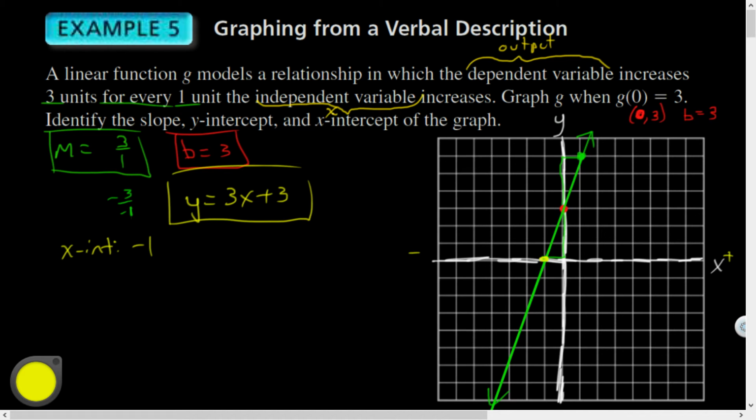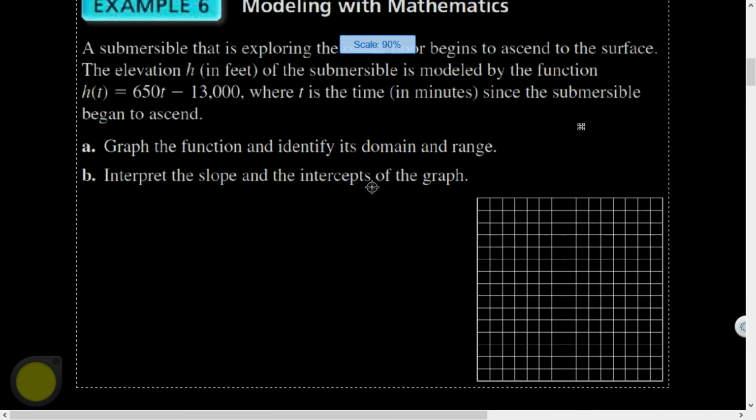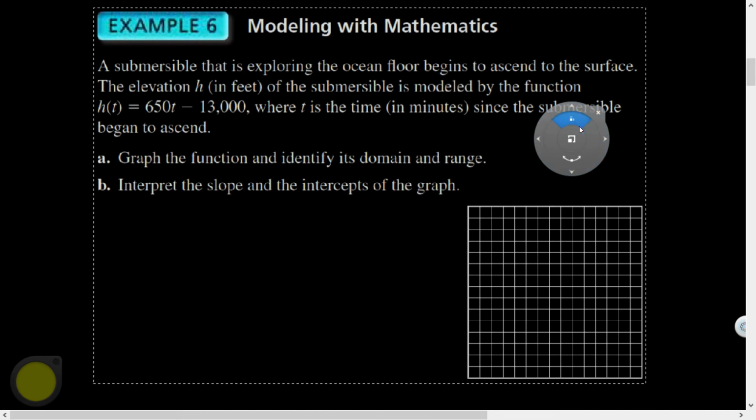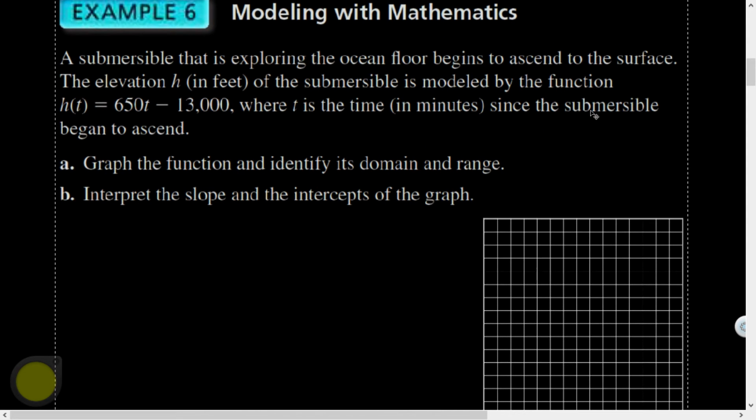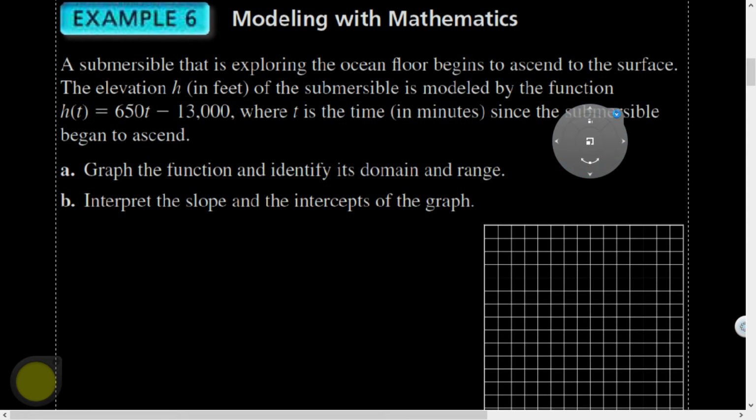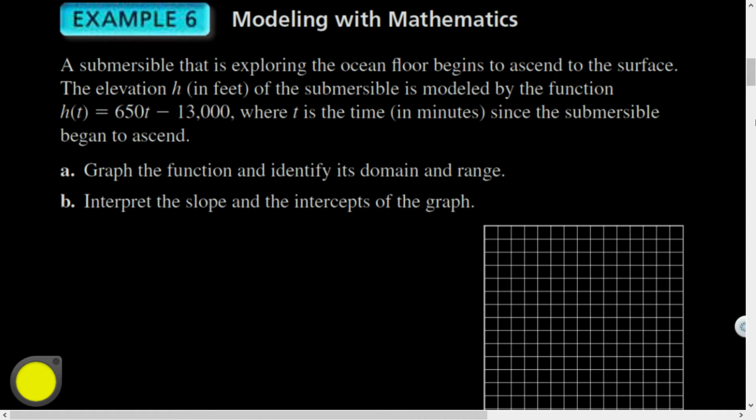Let's do the next problem, example 6 from your Big Ideas book, talking about submarines. A submersible that is exploring the ocean floor begins to ascend. That sounds like a positive slope to me.